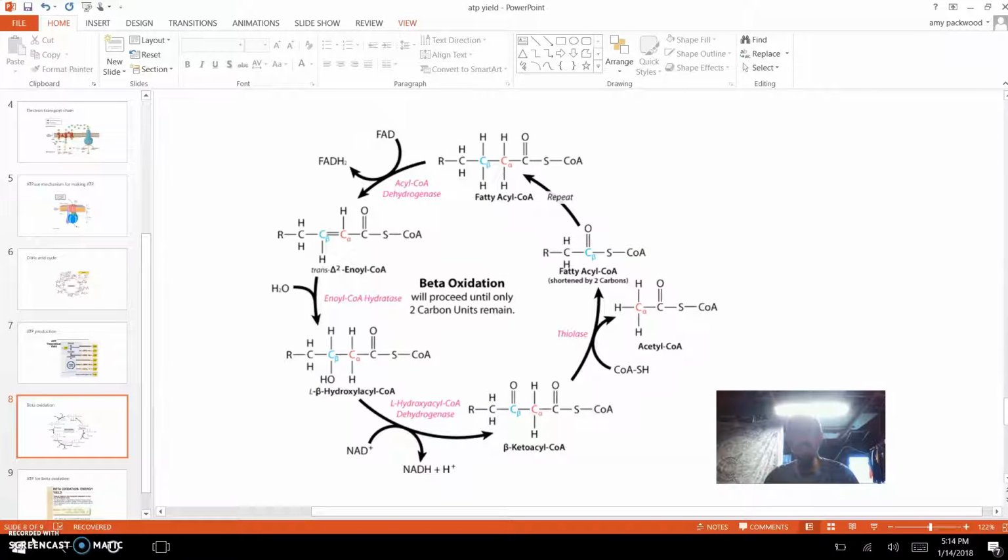And this is the slide that demonstrates the chemical breakdown. It's very complicated, with a lot of enzymes and a lot of processes going on.